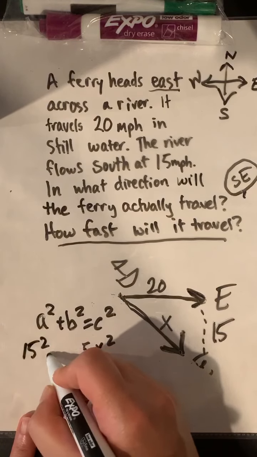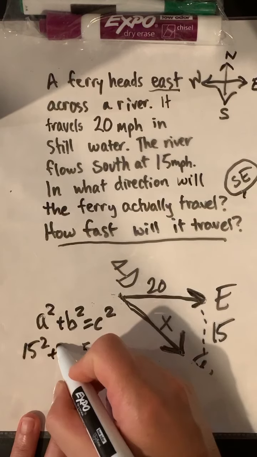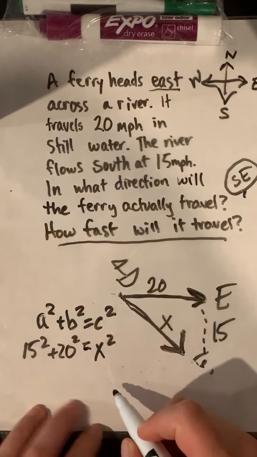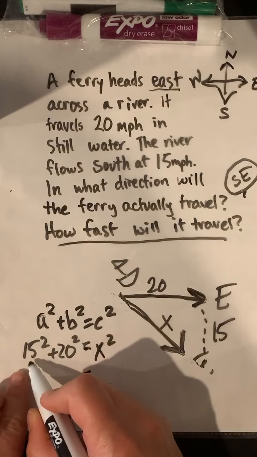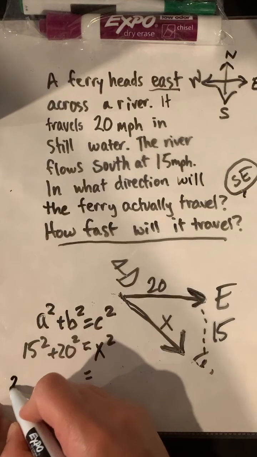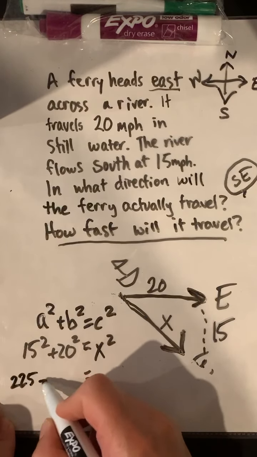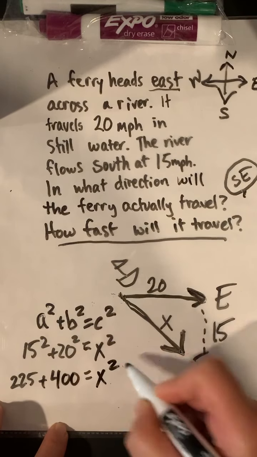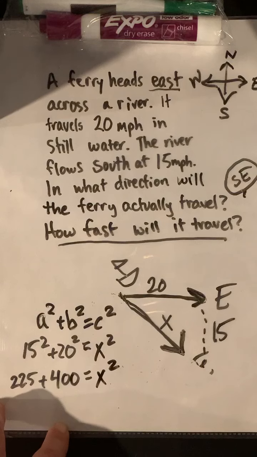And however you substitute the two legs in, you would do that. So I would simplify 15 squared and 20 squared. 15 squared is 225. This is 400, equals x squared.